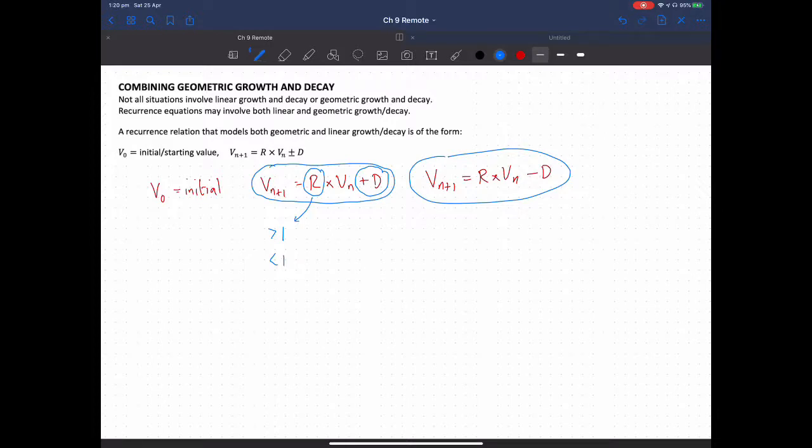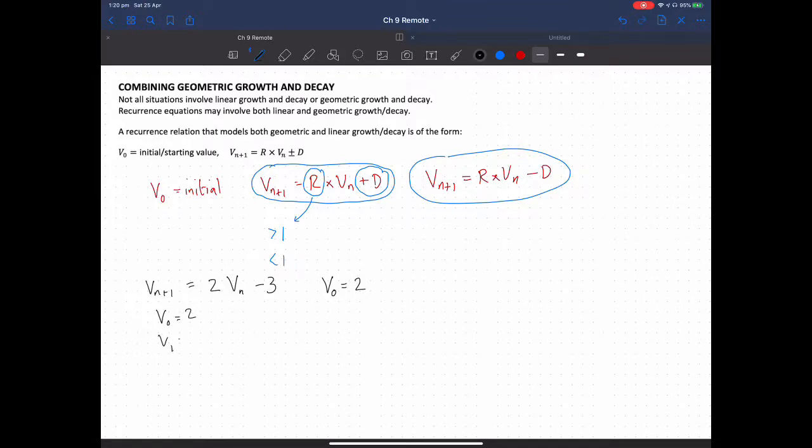So if we just consider some brief examples. If I make up a question which said Vn plus 1 equals 2 times Vn minus 3, and I said V0 was equal to 2, that would tell me I start off with V0 equals 2.